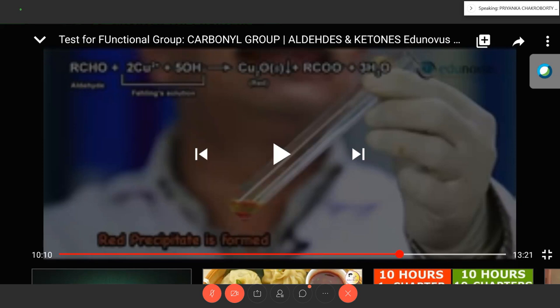After that, a red precipitate of cuprous oxide is formed in the test tube. So this confirms the presence of aldehyde. This is the Fehling's test.